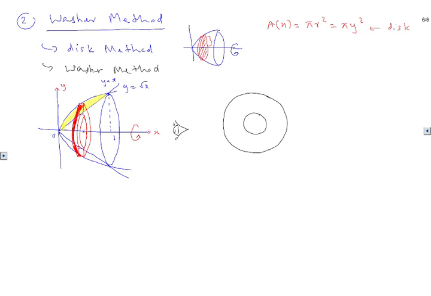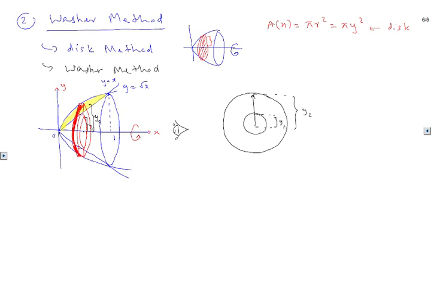So there are two radii: a larger one and a shorter one. The two radii are y2, the big radius from the center, this is the axis, and a small one, y1.